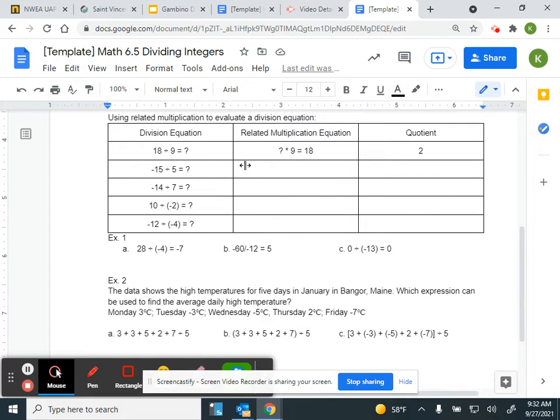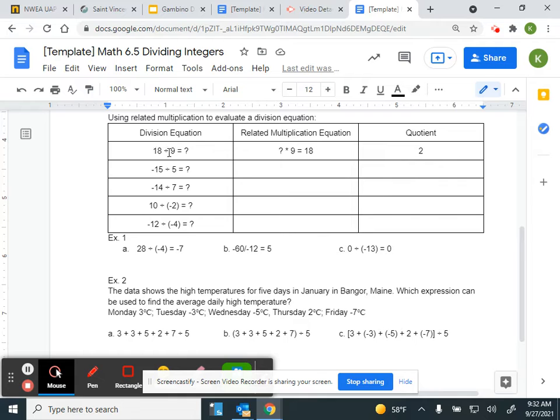So now let's look at how we're going to fill in our table here. We have our division equation: 18 divided by 9 equals what? And then what times 9 equals 18? So we have our fact families.